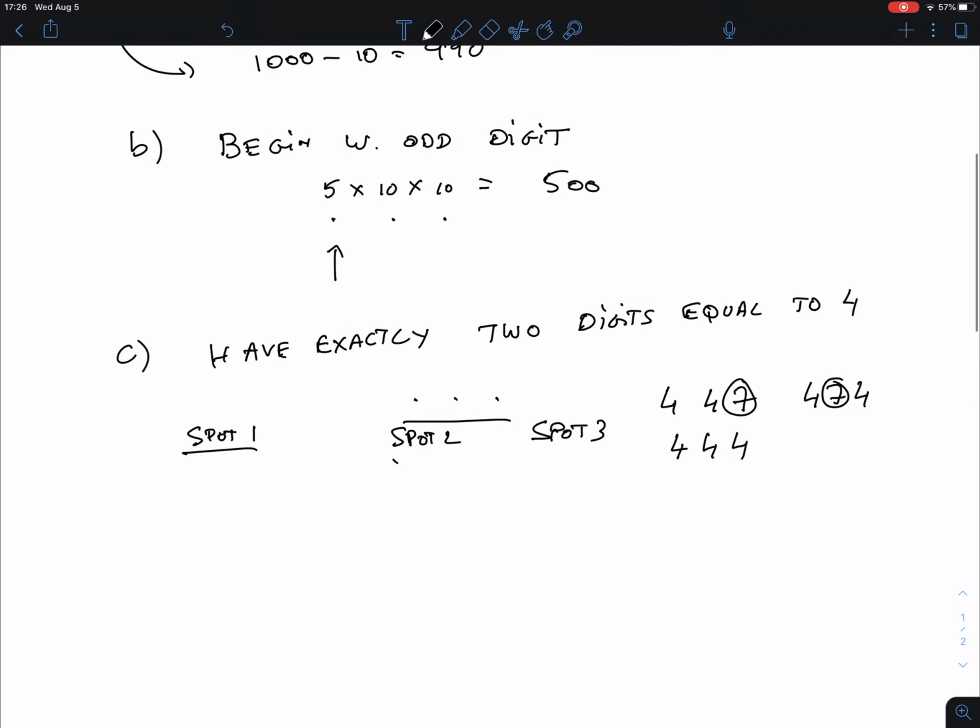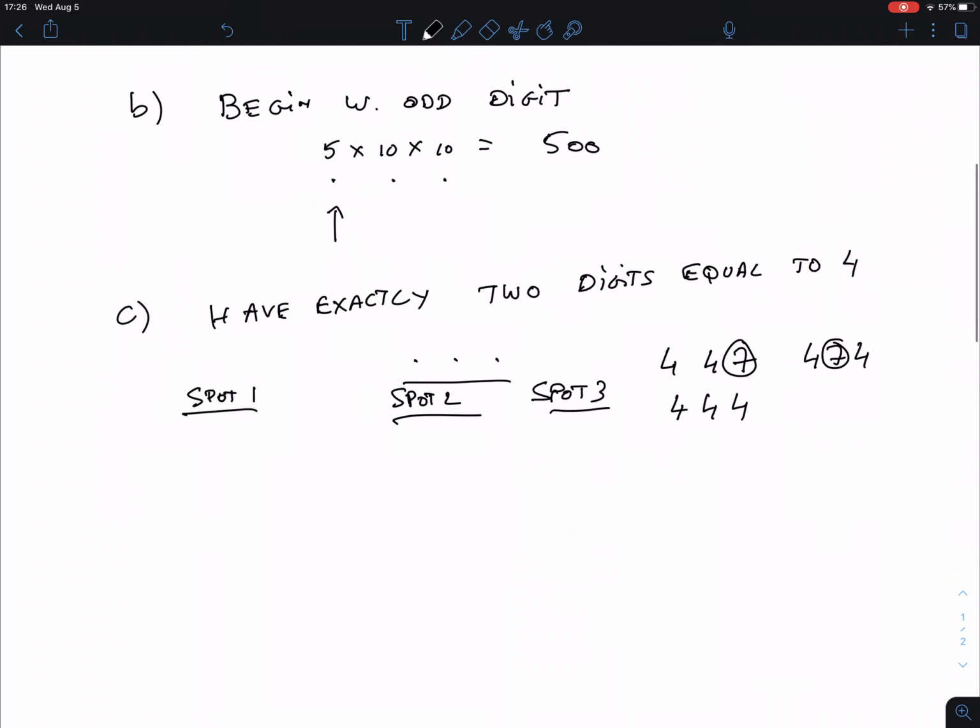Let's see how many possibilities there are. This is the other digit. That's what I mean with the spots, right? These are the spots of that other digit, the one that might be different from 4, like in this case 7. In spot 1, how many choices do I have? Well, I have 10 choices, right?